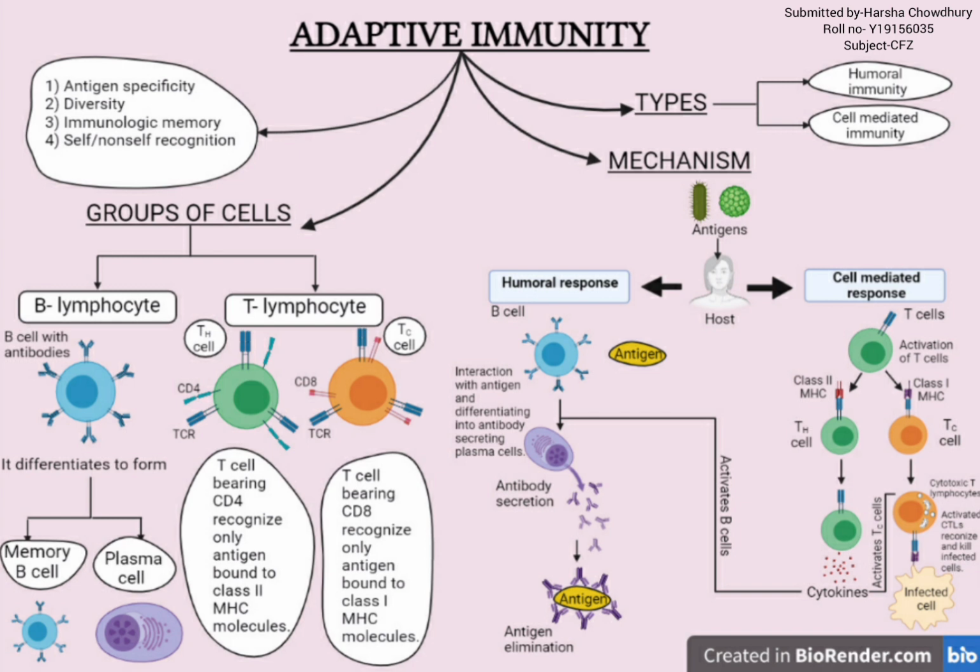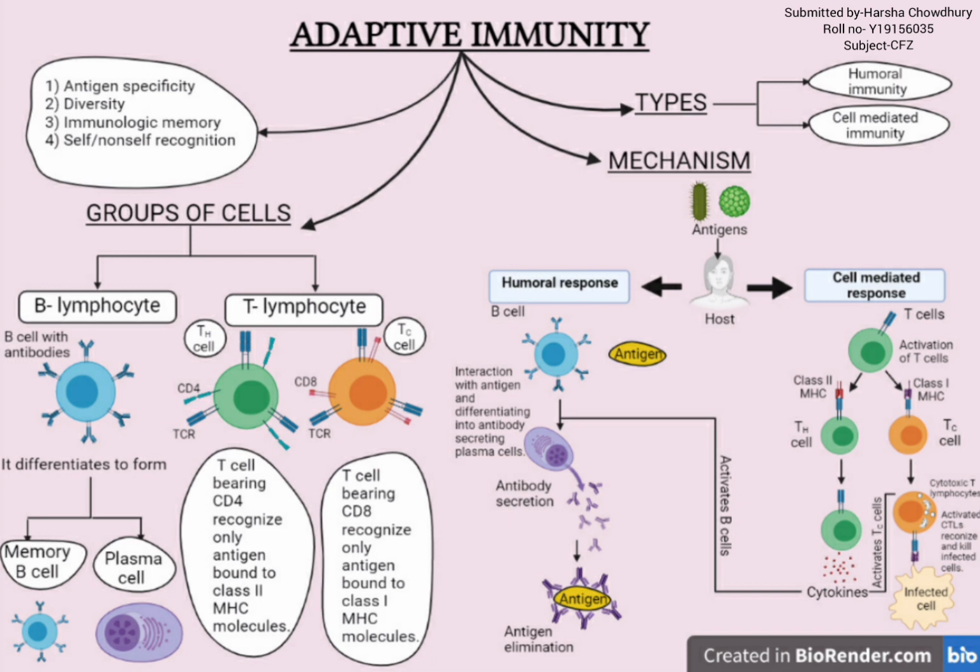Next, the immune system is capable of generating diversity in its recognition molecules, thus allowing it to recognize billions and millions of unique structures of the antigen. Once the immune system has recognized and responded to an antigen, it exhibits immunologic memory, which is the third characteristic.